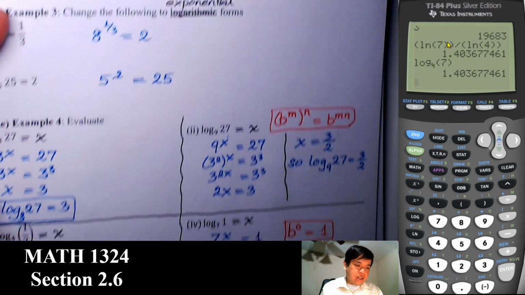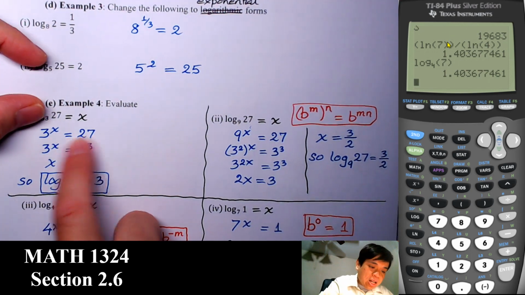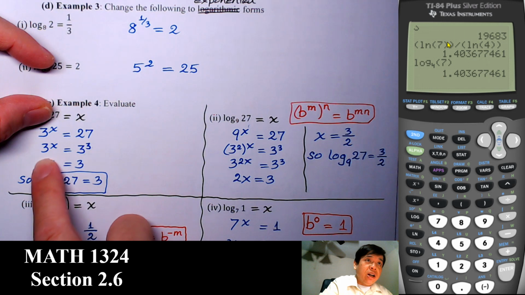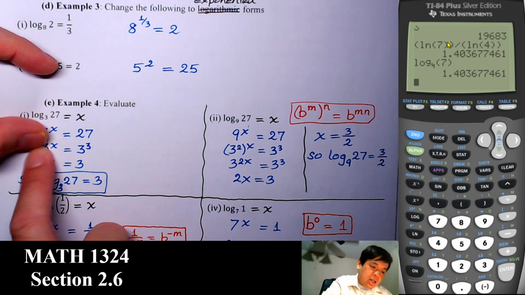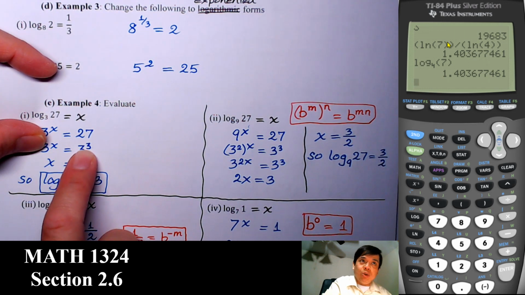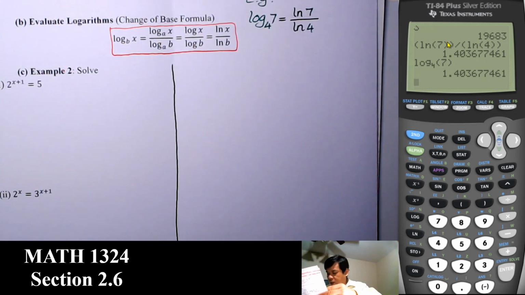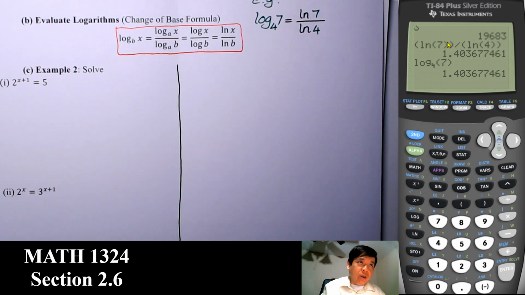Right, like this. When we have two things that have the same base, the exponents will be the same. So just base 3, so x equal to 3. So that's easy. Now what happens if we don't have the same base?